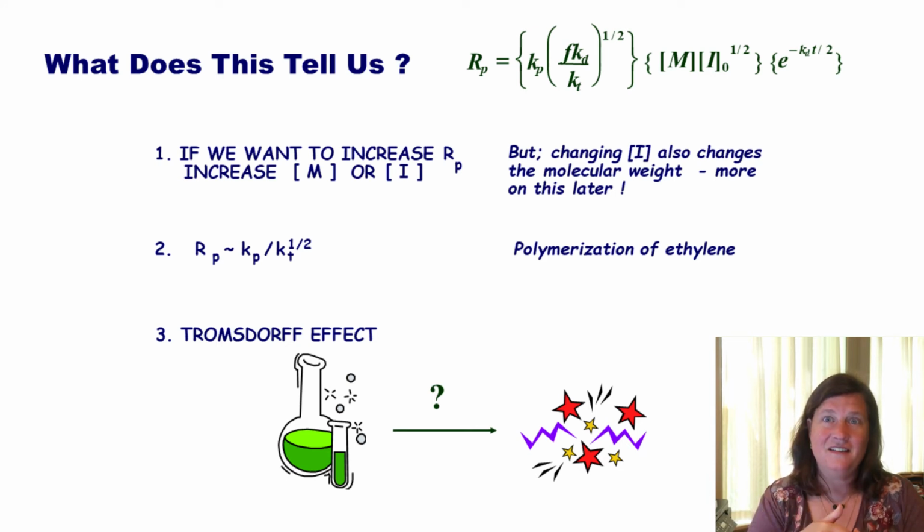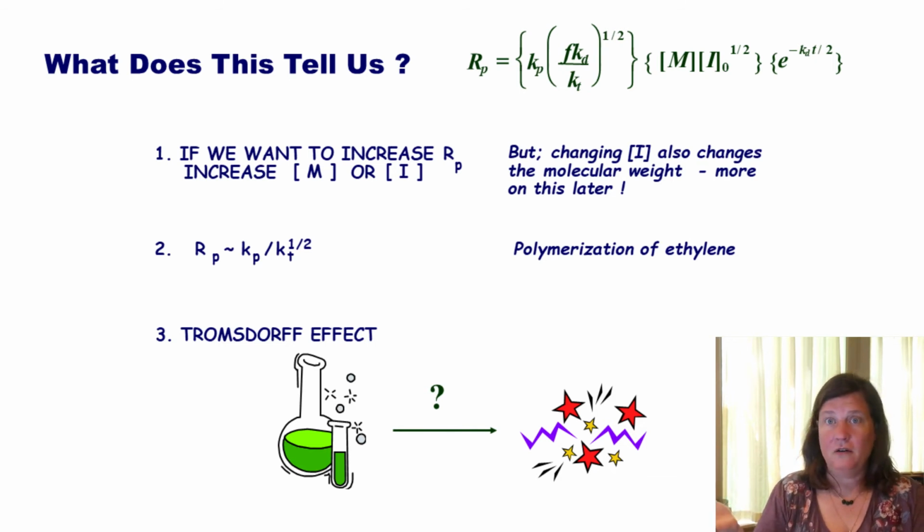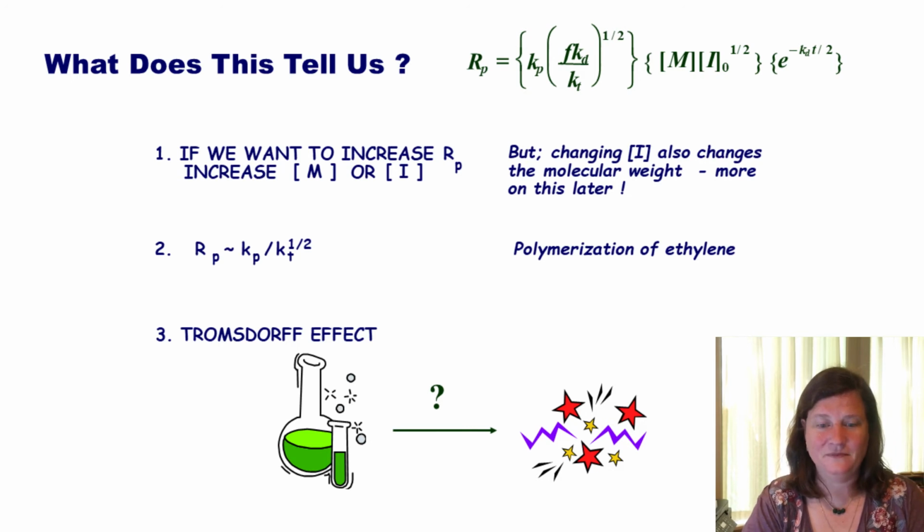So if we can increase the rate constant for propagation, our polymerization goes faster. If we can decrease the rate constant for termination, our rate of polymerization goes faster, right? And we're going to look at all of these in a little bit more detail, and we're going to learn what the Trommsdorff effect is.